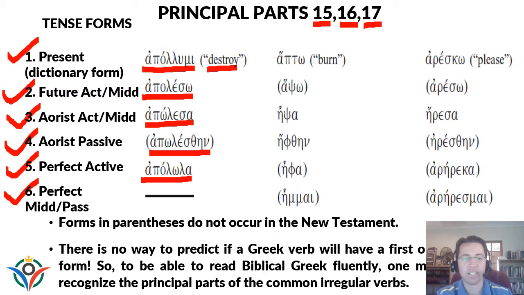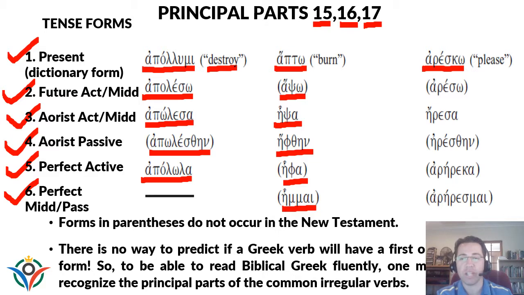All right, our next principal part is haptō, which means burn. So let's go through the forms together. So we have haptō, hapsō, hapsa, haphthēn, hapha, and hamai. And then our last principal part is areskō, which means please.